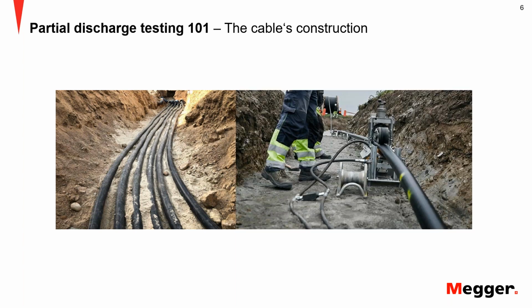I took this from NKT. So you see the cable drum in the background. You see the cable is being pulled into the trench, and you see workers, right? And even there, you might be able to spot a splice. So those are all the ingredients that we need to talk about practical aspects of partial discharge testing.